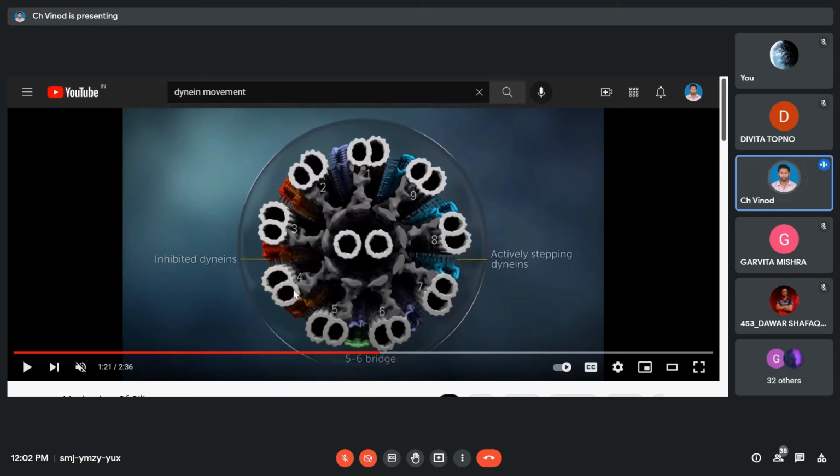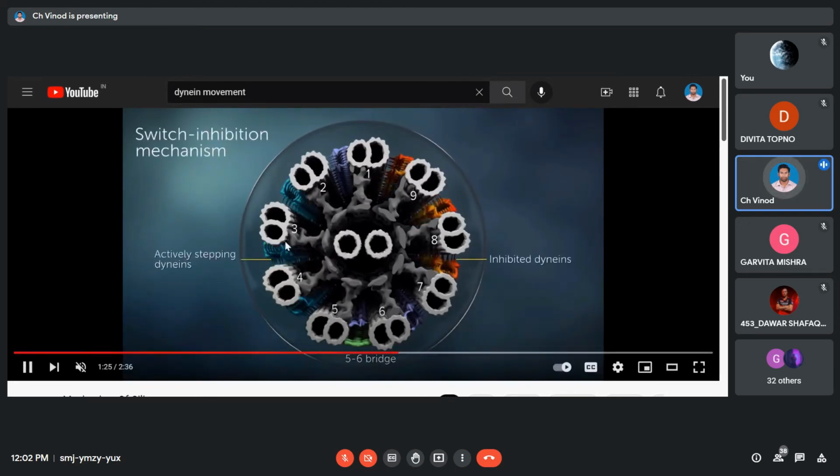and the orange ones are the ones which are undergoing inhibition. So on the entire structure of a flagellum, at one side you have a generation of forward bend, and at the other side you have a generation of reverse bend. So wherever reverse bend is generated, these dynein motors are undergoing inhibition, and wherever a forward bend is happening, there the dyneins are basically actively functioning. So look at the functioning. See, these are working and these are idle.